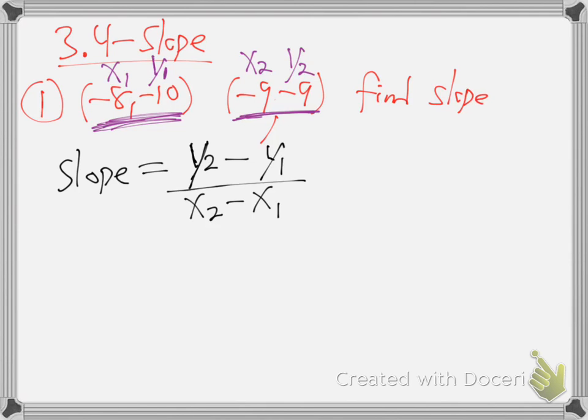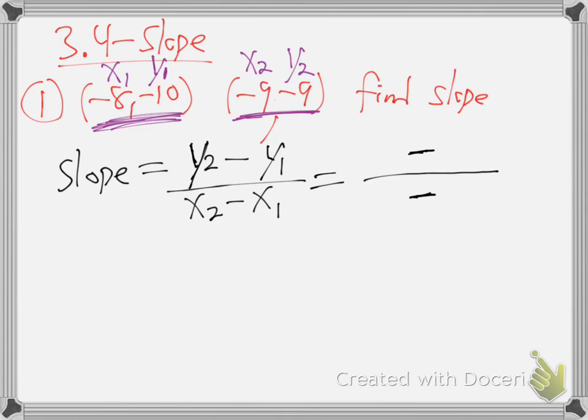Okay, so let's plug everything into this slope formula. Now notice the slope formula has subtraction symbols on the top and the bottom already built in, huh? Like that.